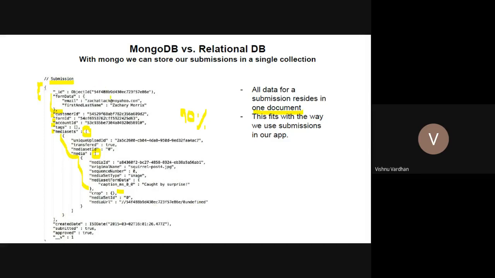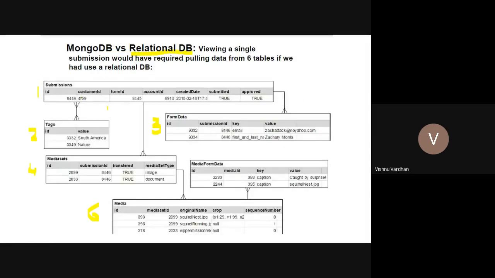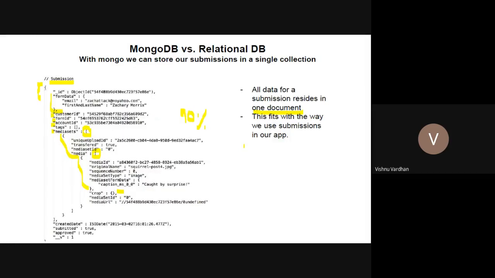So this is how MongoDB JSON documents store the data when you compare with RDBMS software. In RDBMS software, all the data is completely segregated into different tables, whereas in MongoDB, all this information you can have in a single JSON object, and in that single object you can have multiple internal objects.